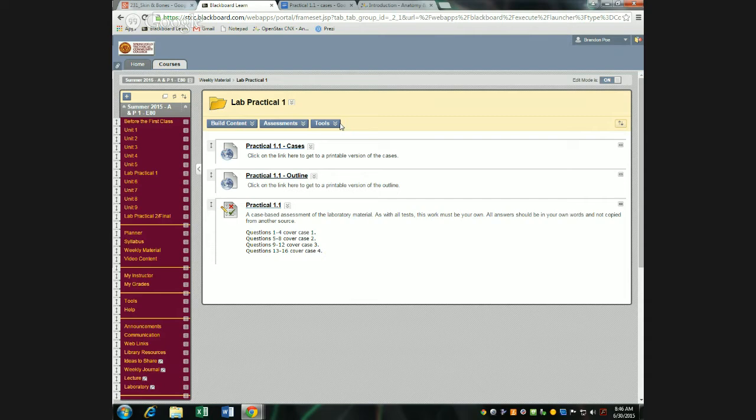If there's something correct in there, but you went too far with your answer, something like that, you might get 1 point. Or if you're just not quite on point with the answer. And if you're just completely off base, for instance, answering a case 3 question based on case 4 or something like that, you won't get any points. With that approach to grading, 2 people can answer the same question very differently and still get full credit on it. So it's not uncommon for people to do very well on the online portion.